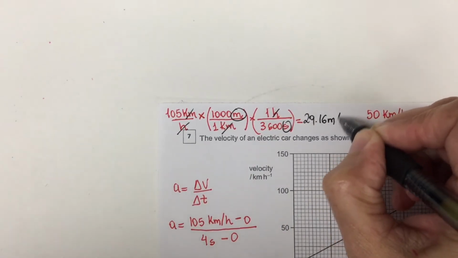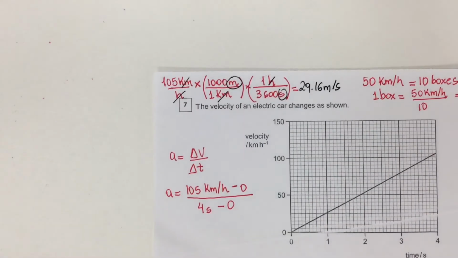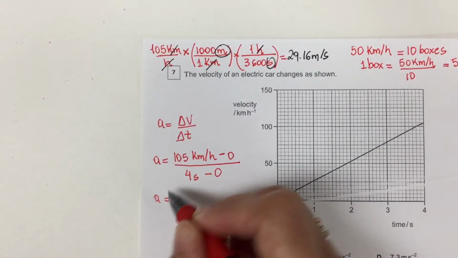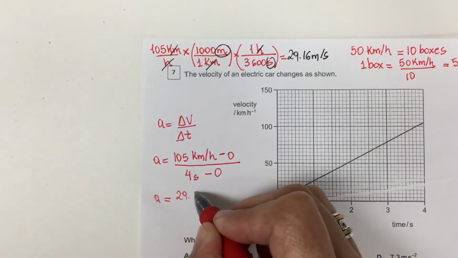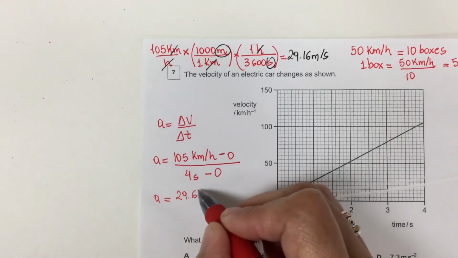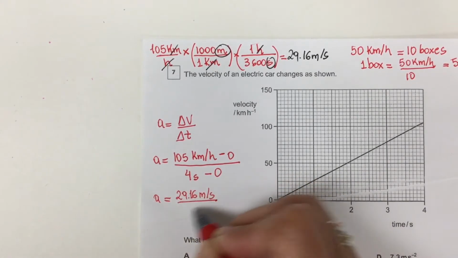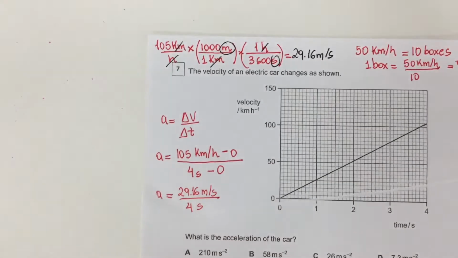29.16 meters per second. Okay, so now my change in velocity is 29.16 meters per second over 4 seconds.